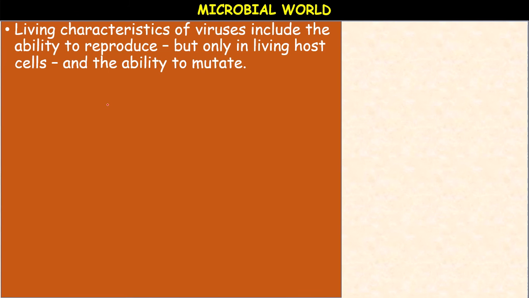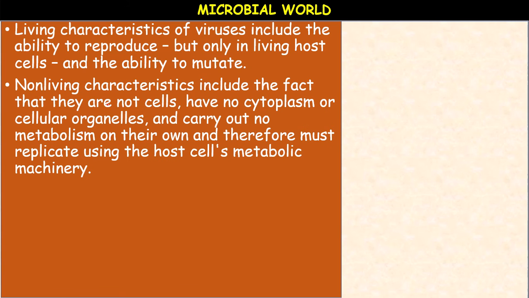Next, the living characteristics of viruses include the ability to reproduce, but only in living host cells, and the ability to mutate. They can undergo mutations. Nowadays, we hear much about this coronavirus. This is a typical virus which is undergoing a lot of mutations, changing its structure and its shape.